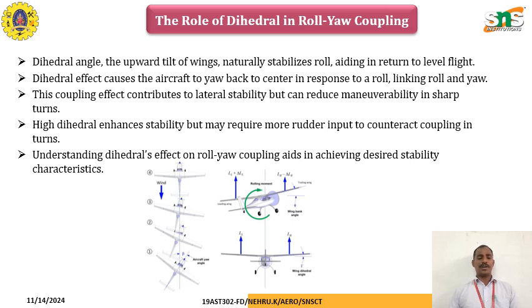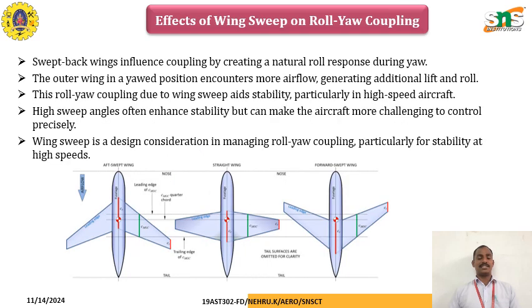This coupling effect contributes to lateral stability but can reduce maneuverability in sharp turns. Higher dihedral enhances stability but may require more rudder input to counteract coupling in coordinated turns. Understanding this dihedral effect on roll yaw coupling aids in achieving desired stability characteristics of the airplane.